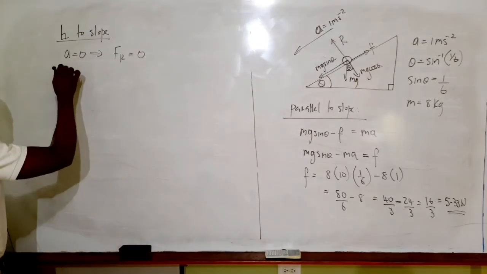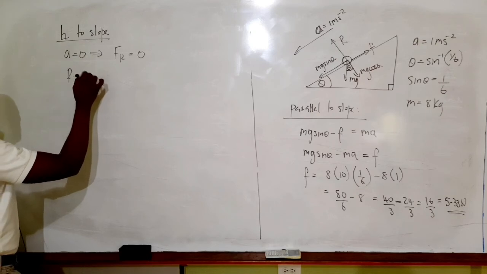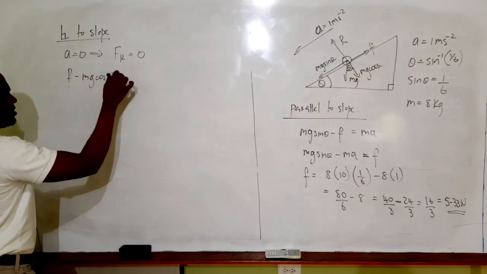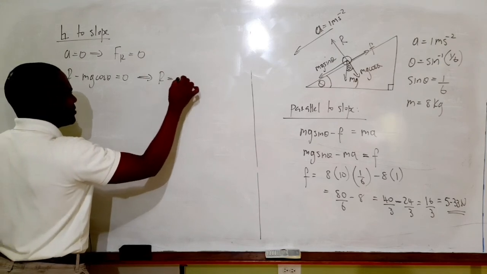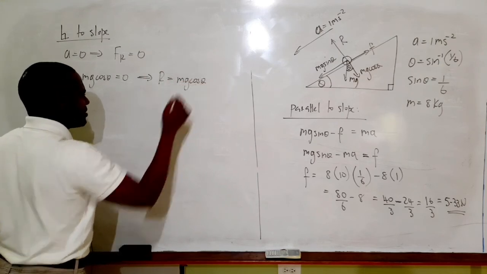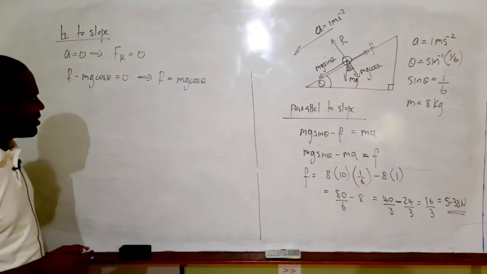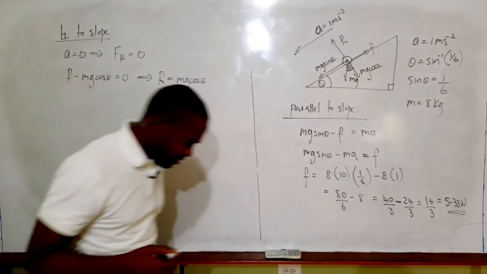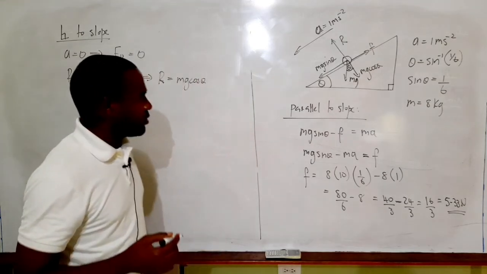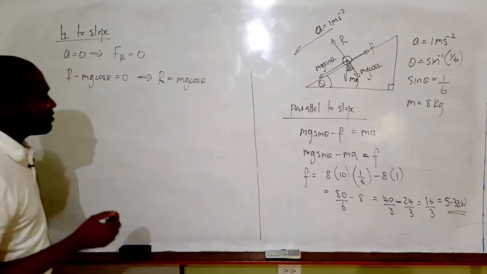And so we can say that R minus mg cos theta is equal to 0, which therefore means that R is equal to mg cos theta. So that will allow us to find the reaction, and that therefore will then allow us to find the coefficient of friction. Now, do we know the value of theta?